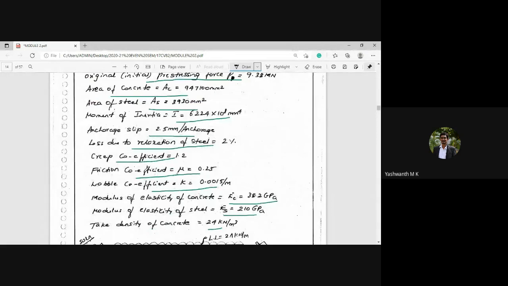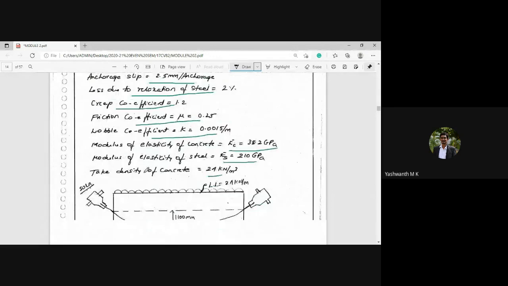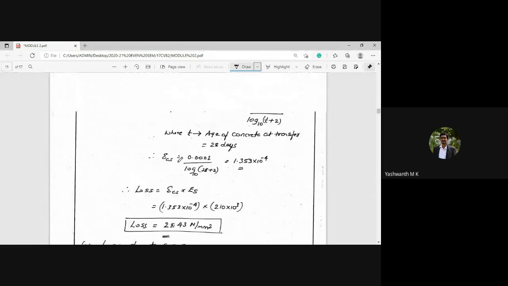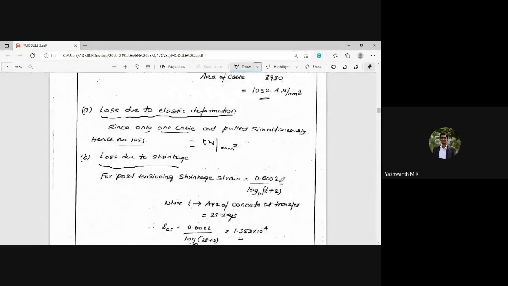The formula is epsilon_cs times Es. We know Es but not epsilon_cs. For that, the formula is given in the IS 1343/1980 code. You need not buy it.